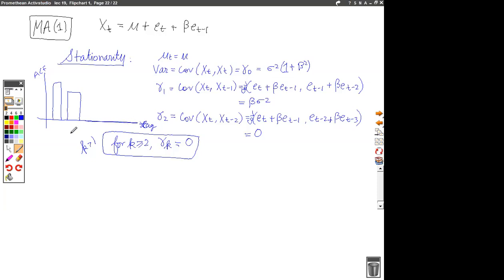So you know that this process satisfies MA of what order? 1. So this is k equal to 1 and this is k equal to 2. So if it is this, then it will be MA2, right?